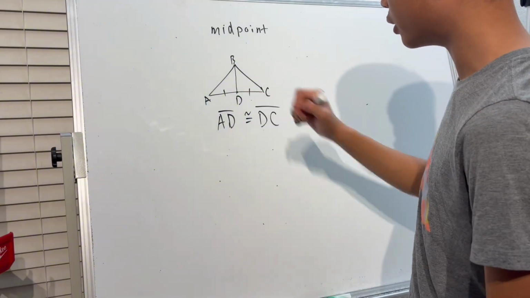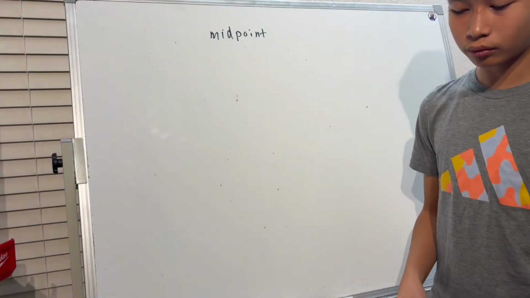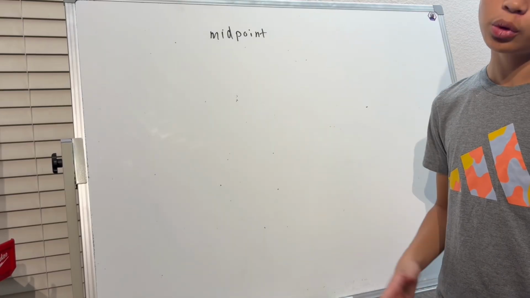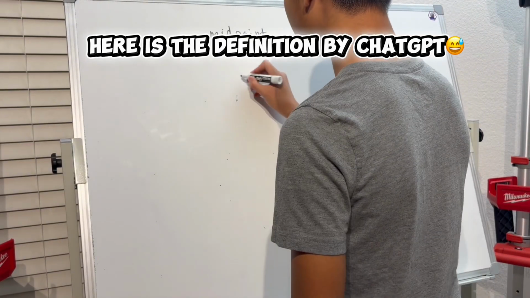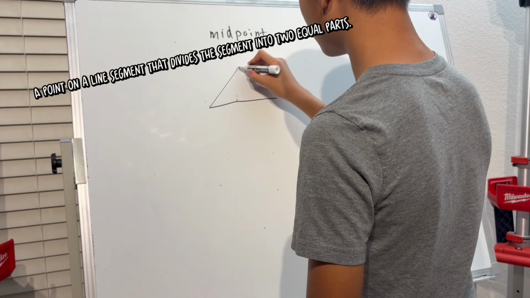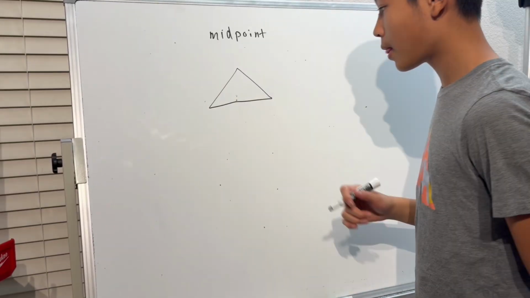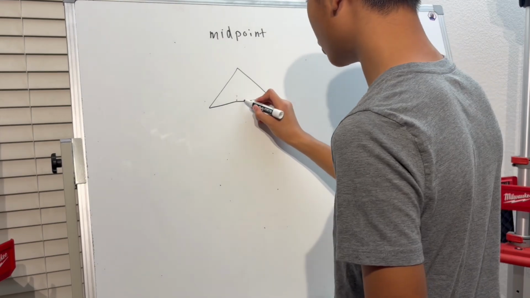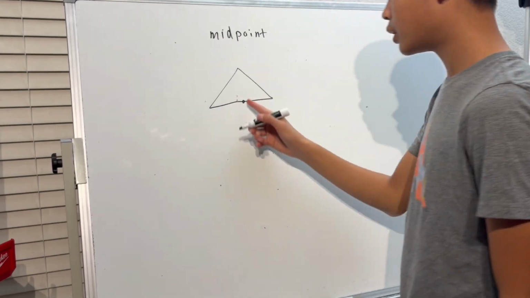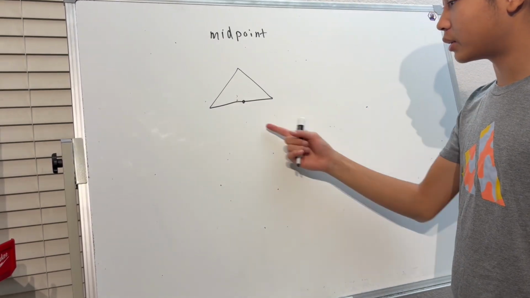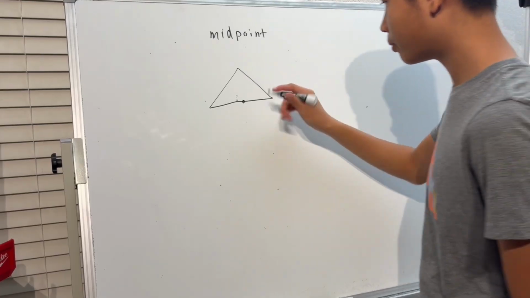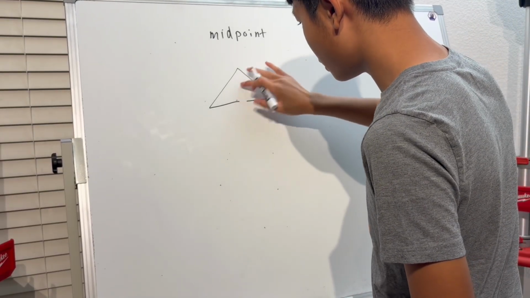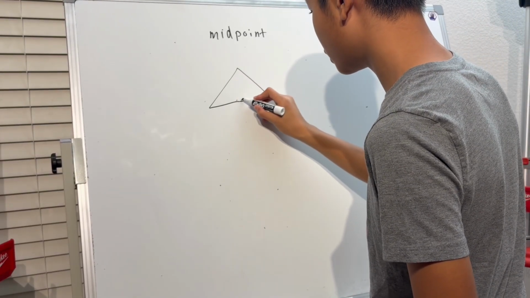Let's say I have a triangle. The midpoint is basically the middle point, so this will be right here. The midpoint is the midpoint of one side.